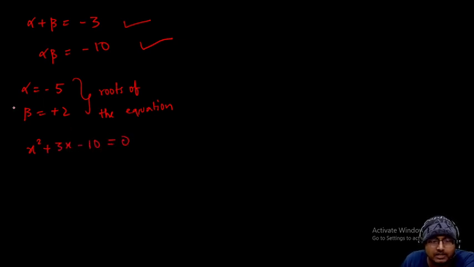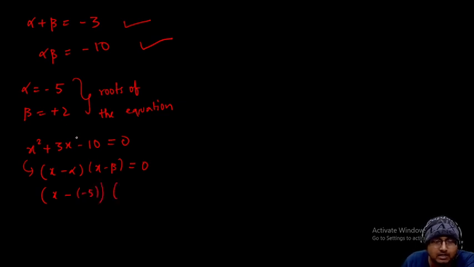This equation can also be written as x minus alpha into x minus beta is equal to 0. So x minus alpha can be written as x plus 5, into x minus beta, beta is 2, x minus 2, is equal to 0.